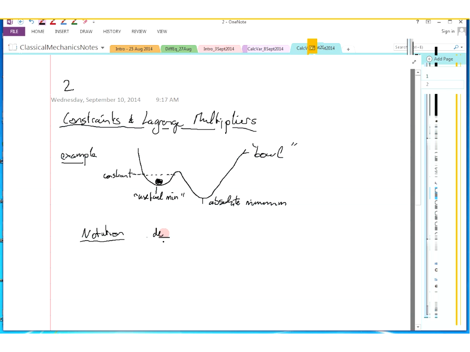The independent variable will be either x or t, and the dependent variables will be called q's. So they'll be either q of x or q of t, and this will allow us to have multiple q's.